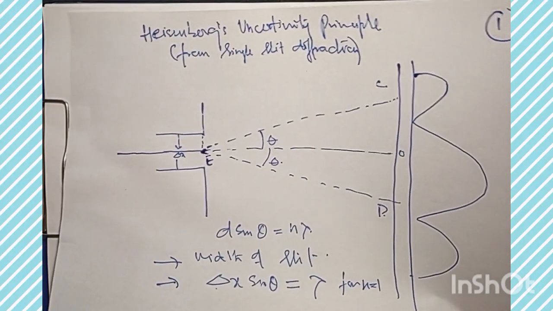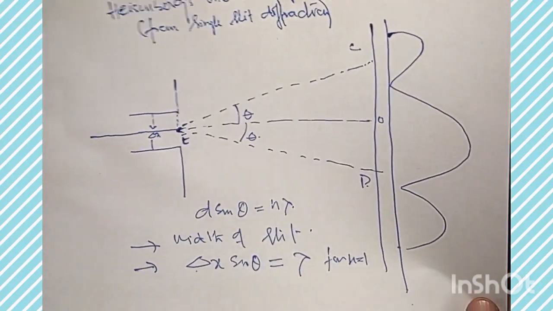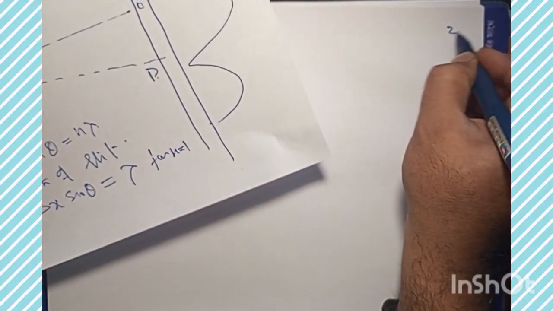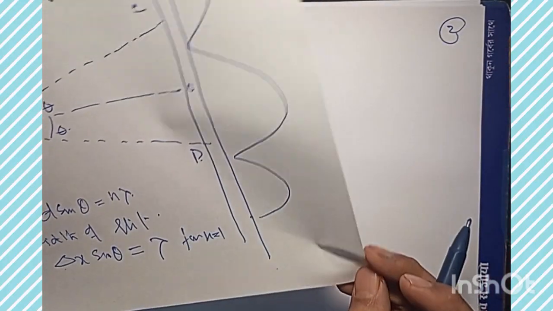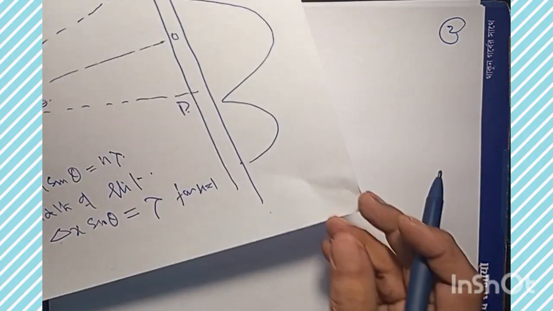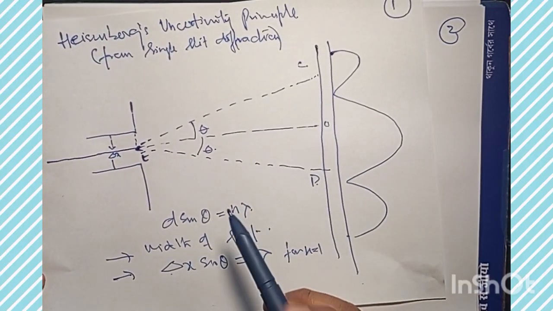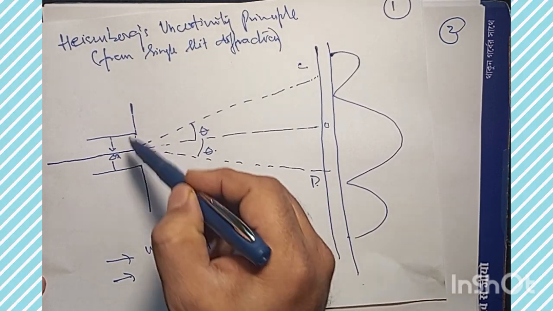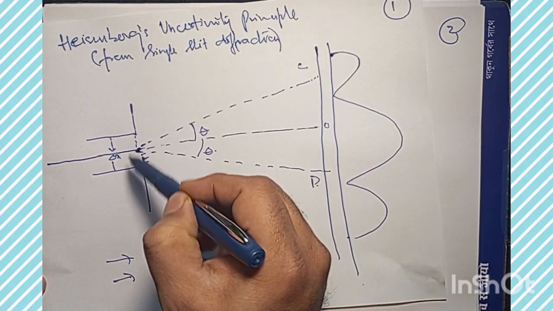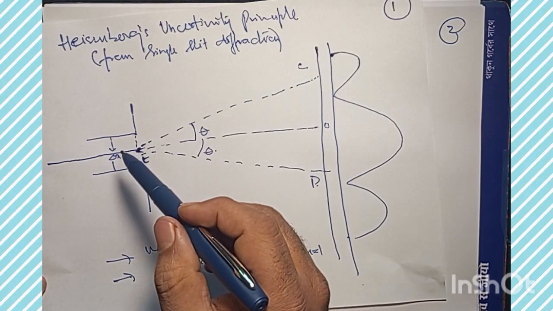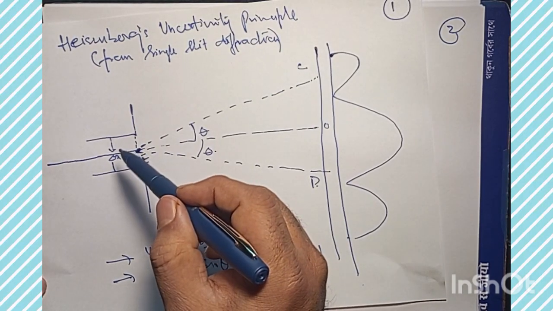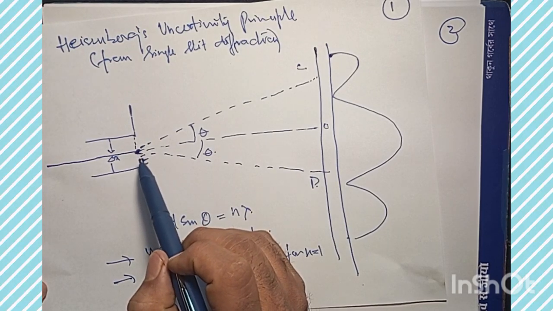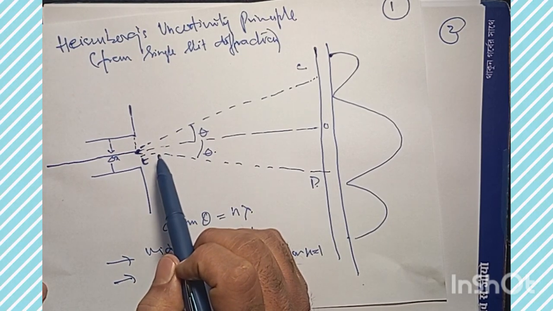So we are trying to derive Heisenberg's uncertainty principle from the single slit diffraction experiment, and until now I think it's clear what we have on the board. From this equation, it's very difficult to locate the exact position at which the beam of electrons enters the slit.